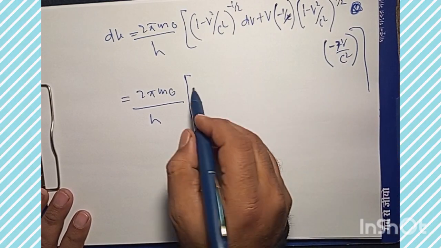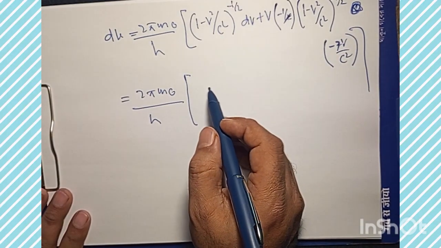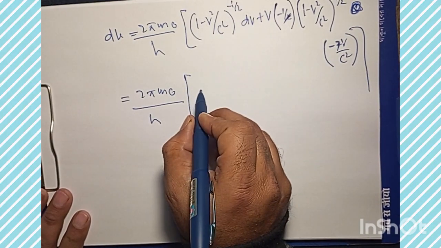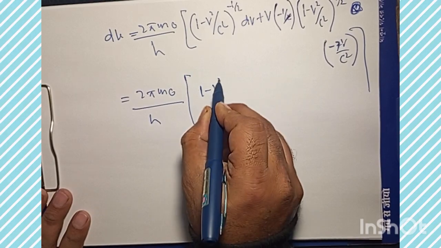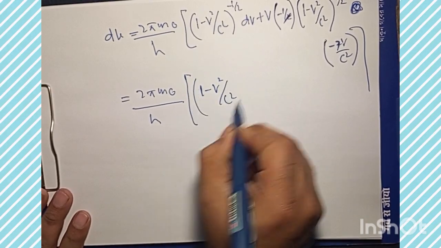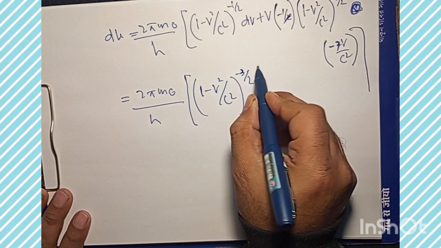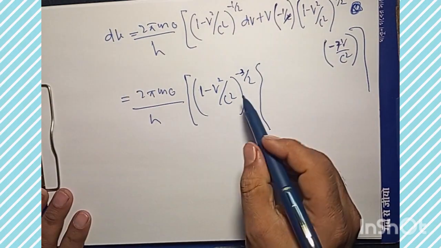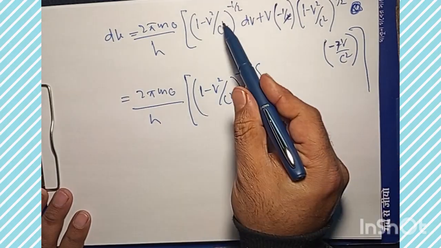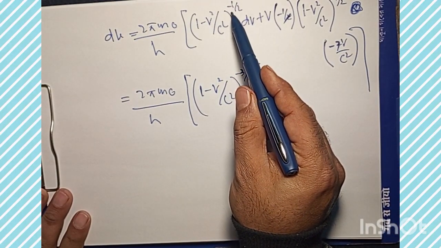So I can think of getting something common out of these two, and what that something is, I would like to take (1 minus v square by c square) whole raised to the power minus 3 by 2 out. Now if I take it out, what should I multiply so that I get something raised to the power minus 1 by 2?